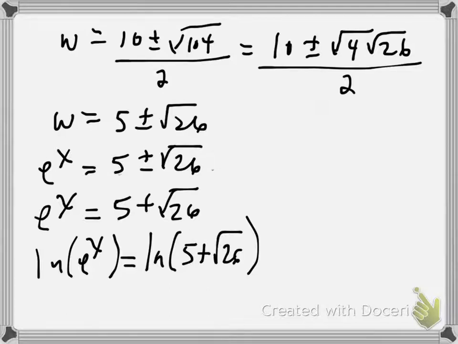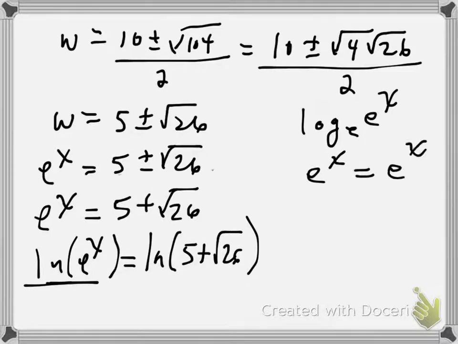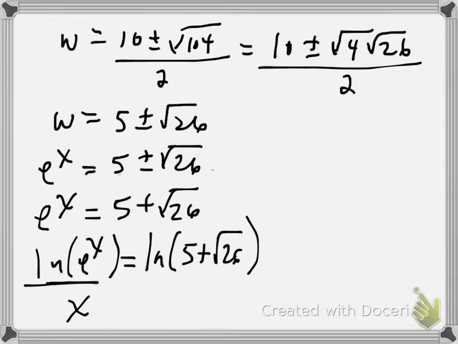Alright, so the natural log, this right here is really log base e of e to the x. And so what does this equal? e raised to what power equals e to the x? Well, it's just going to be x. Alright, so that was the reason for taking the natural log of both sides, to get x by itself.